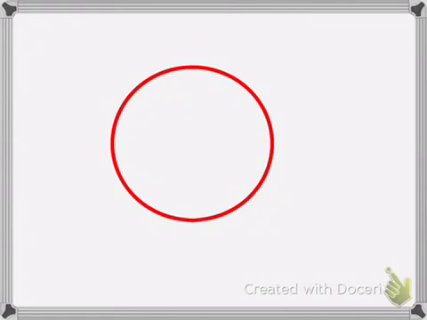As we know that there are infinitely large number of points on the circumference of the circle. So if I take any one point, say here is point A over here on the circumference, and if I draw a straight line that passes from that point A, then this line I've drawn over here is called a tangent.